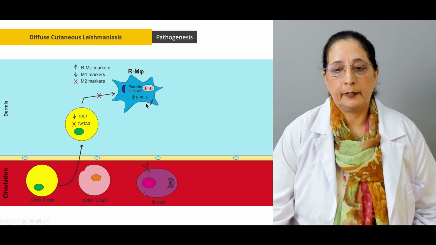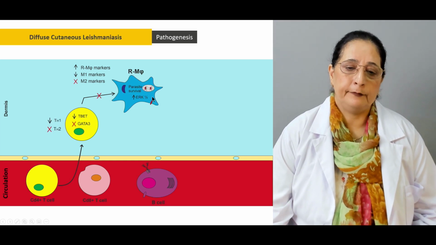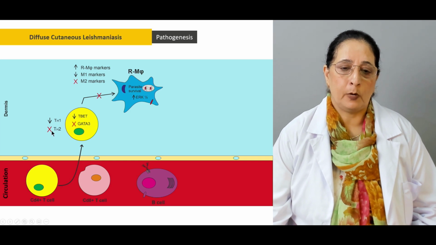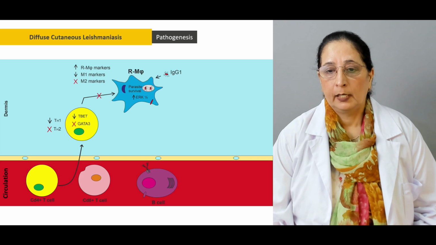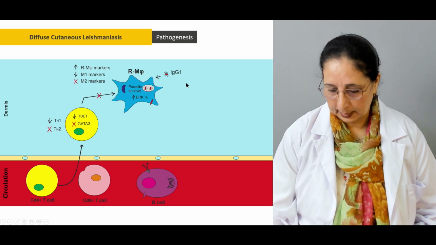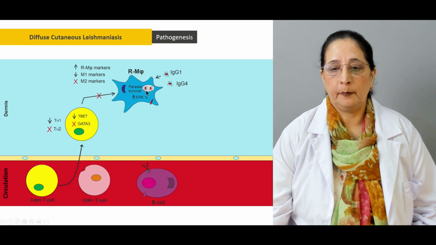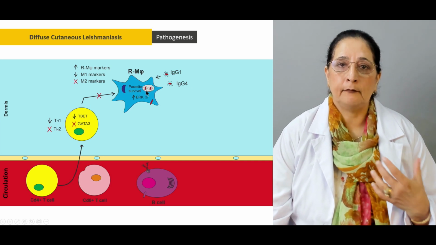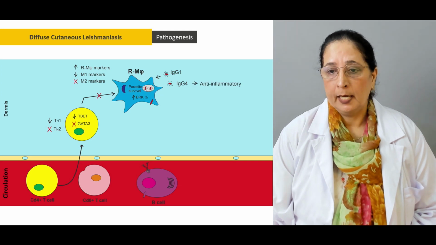We have T helper cells 1 and 2, and immunoglobulin G1 and G4, which are taken up and help in the survival of the parasite taken inside.